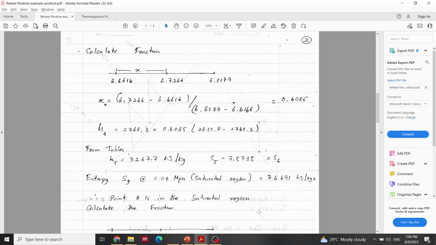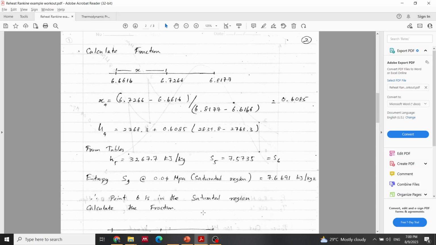First of all, we need to find out what the fraction is. Let's say the fraction is x, using the entropy values. The saturated value is 6.6616, and this value 6.8177 is the value in between.